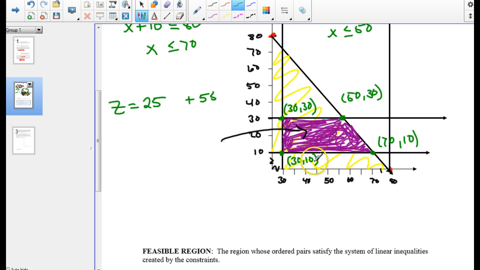And if I'm going to test the point 30, 10, I'm going to put in 30 for x and 10 for y. When you put that into your calculator, I think you get 1300.